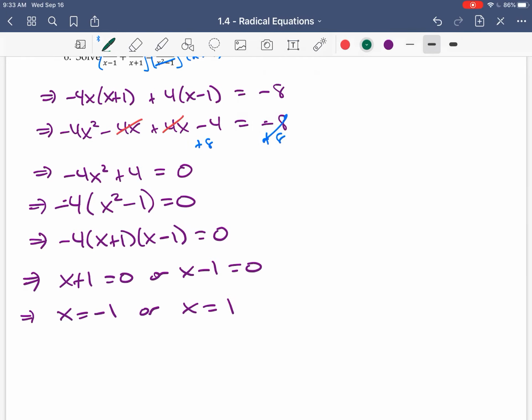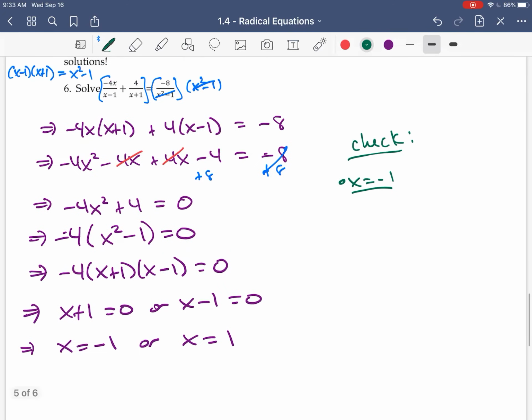So those are our possible solutions, but when we check them, you can see almost immediately that neither of them is going to work. When I put in negative 1, it's negative 4 times negative 1 over negative 1 minus 1 plus 4 over negative 1 plus 1 equals negative 8 over negative 1 squared minus 1.